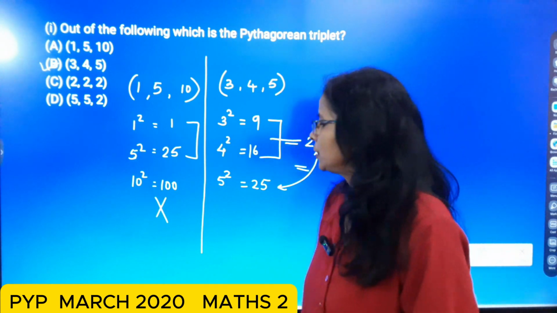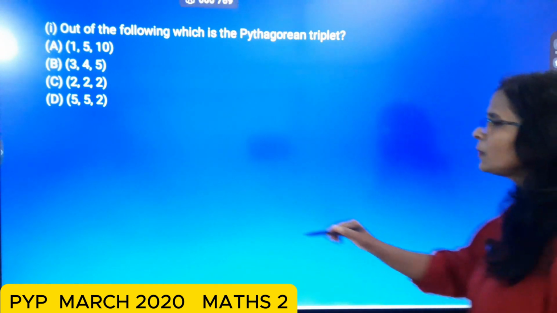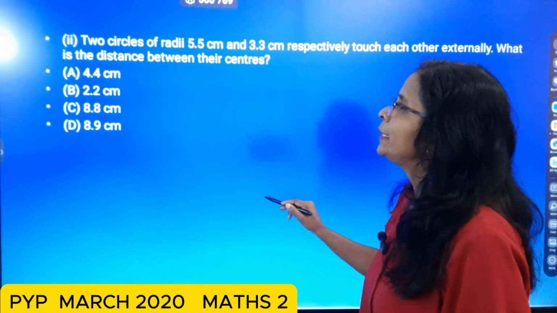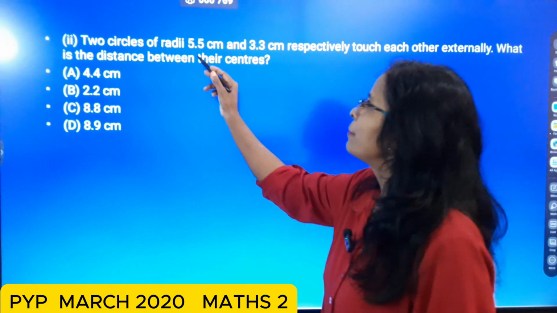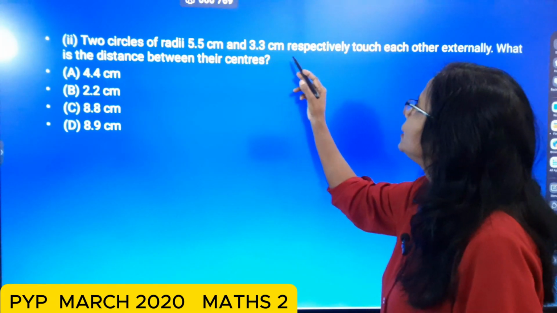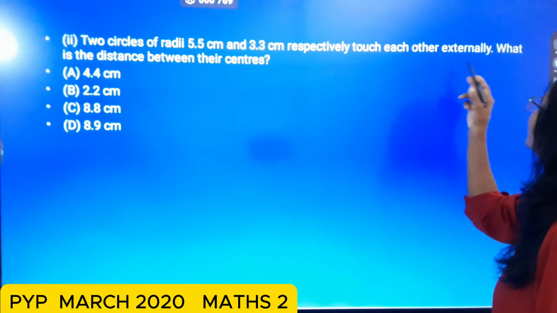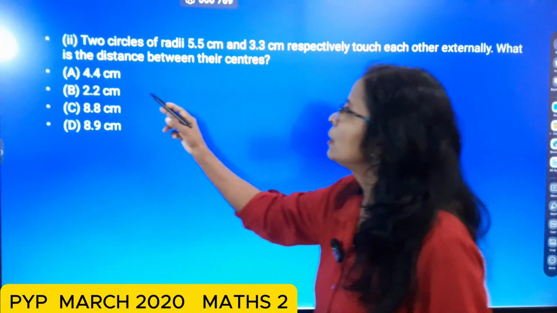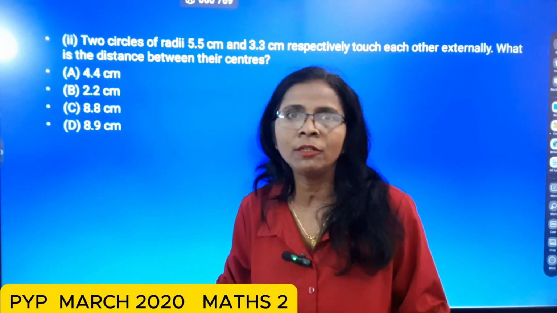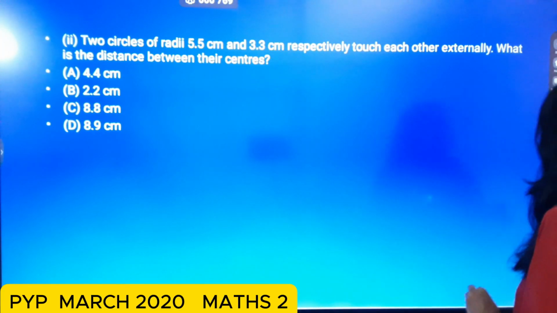Students, the next example: two circles of radii 5.5 cm and 3.3 cm respectively touch each other externally. What is the distance between their centres? It is also a very easy question.